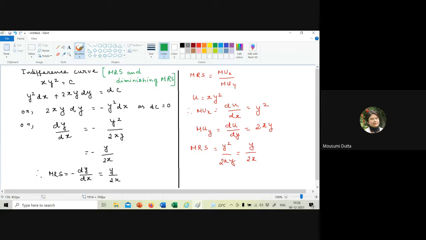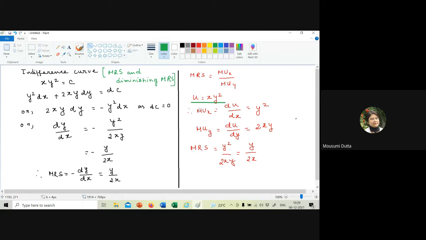Alternatively, I can write this formula of MRS: MRS is equal to marginal utility of x divided by marginal utility of y. Now the utility function is given by u = xy².